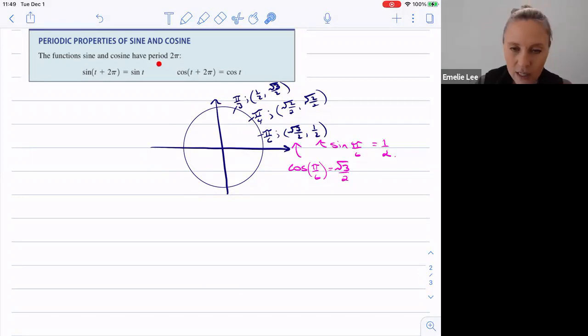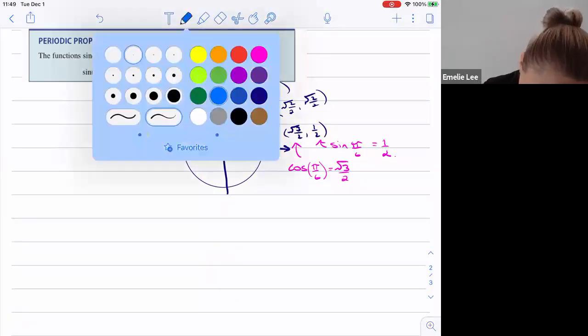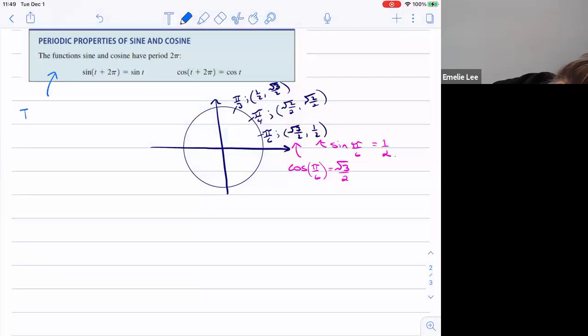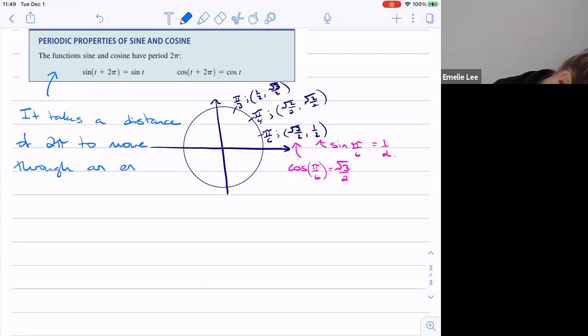That's what makes sine and cosine periodic. So the functions sine and cosine have a period of 2 pi, meaning it takes a distance of 2 pi to move through an entire cycle.